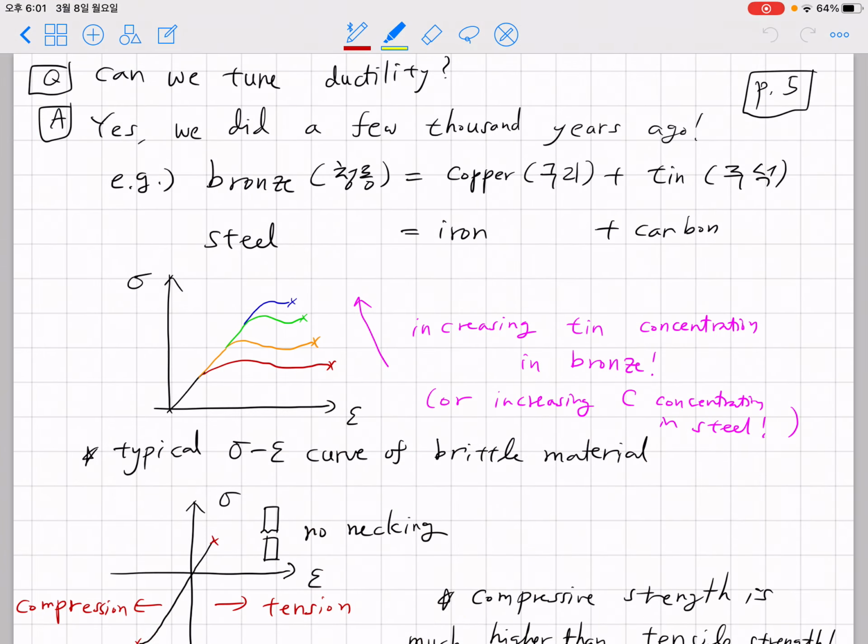Now, the question you may ask is, can we tune the ductility of a ductile material? And yes, we have done this practice for several thousand years. When you have bronze, or 청동 in Korean, this is an alloy between copper and tin, 구리 and 주석.